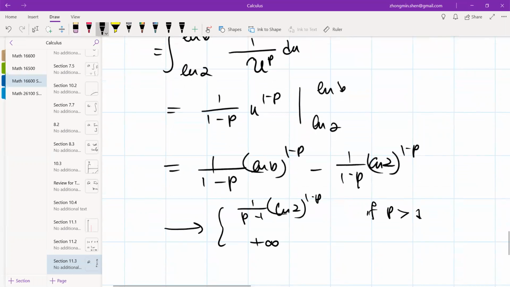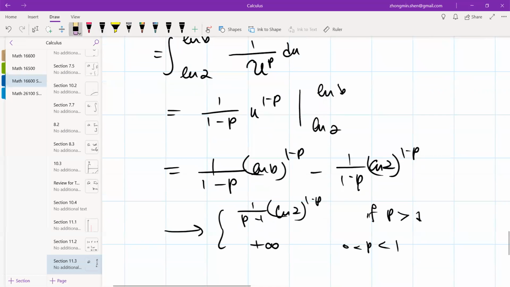Otherwise it's positive infinity if p is less than 1. Yeah, I included the case when p equals 1, but the antiderivative is different if you use p equals 1. So I just forget this. When p equals 1 is a special case. Clearly it's divergent.